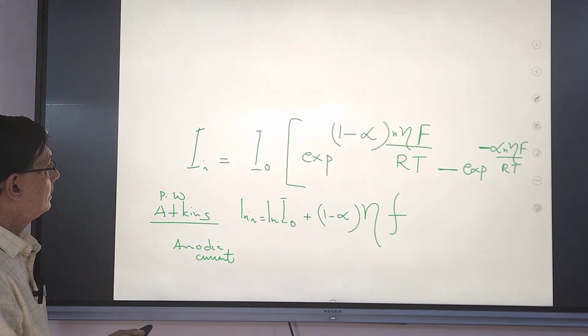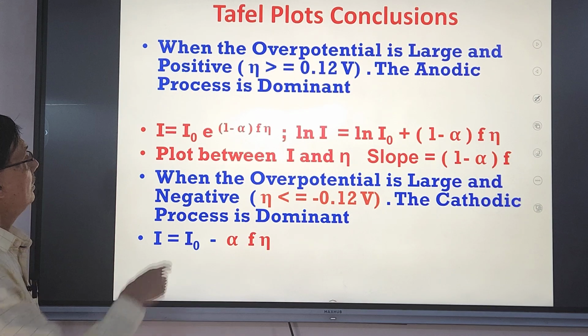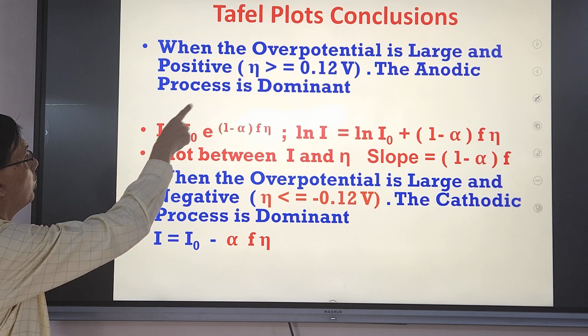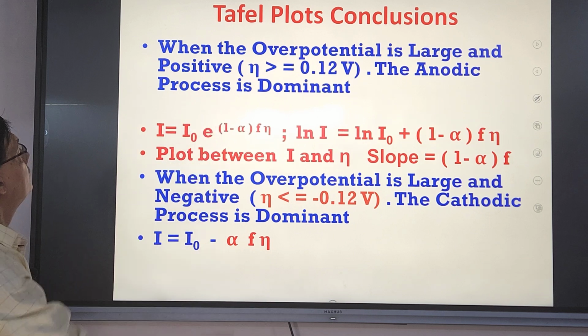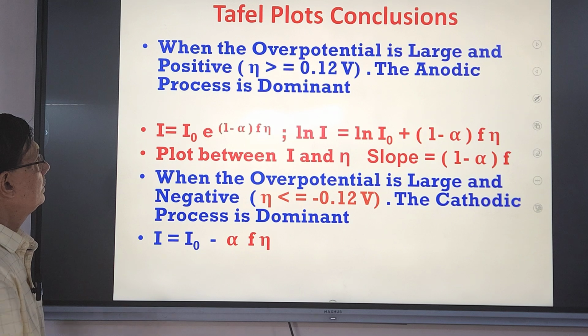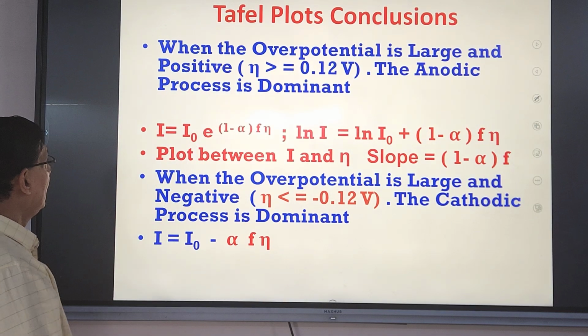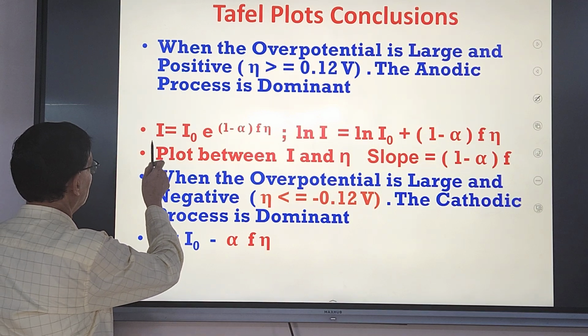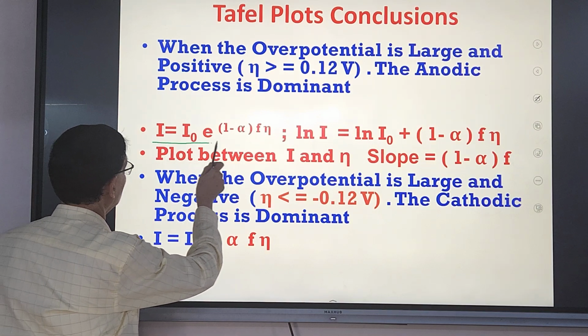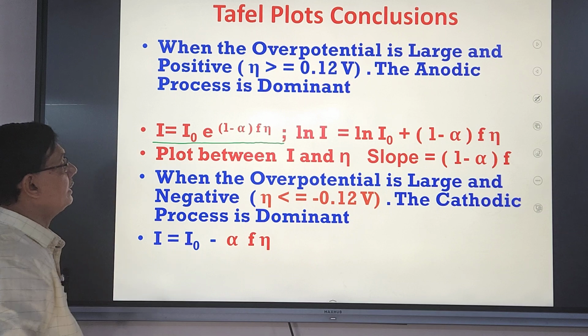So see the conclusion. When the overpotential is large and positive, the anodic process is dominant, and I is equal to I0 exponential 1 minus alpha F eta.